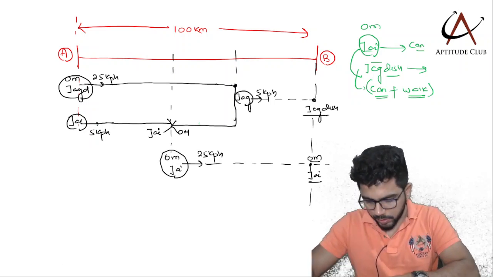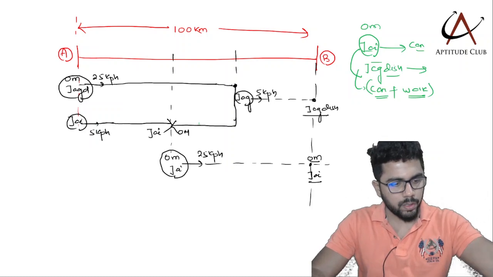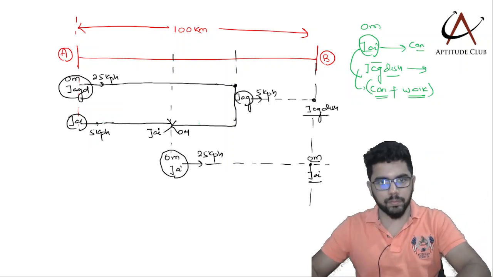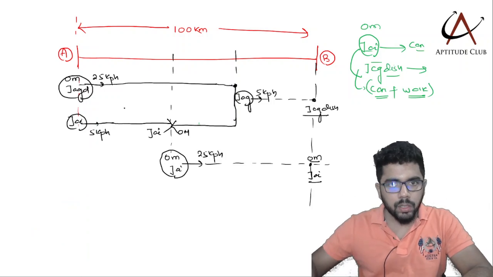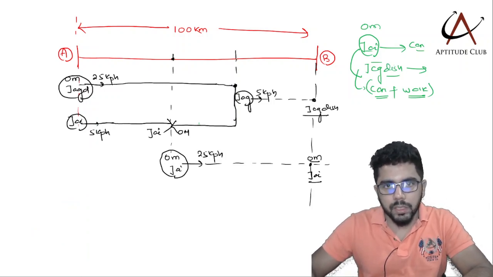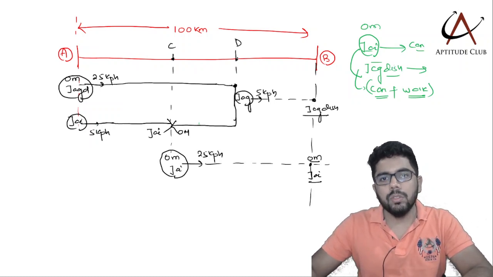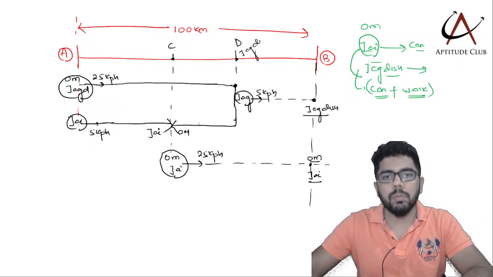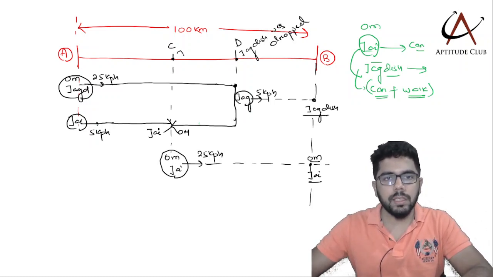If I redraw this diagram, we have basically three strategic points: A, B, and let me name them C and D. D, where Jagdish was dropped, and C, where Jai was picked.